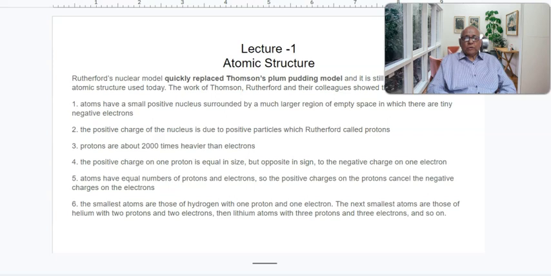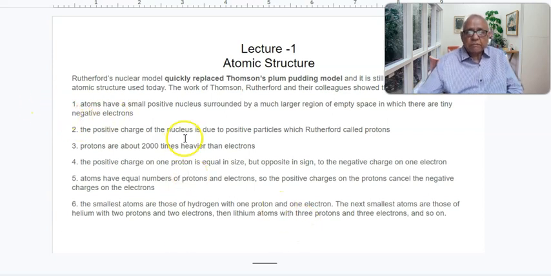The Rutherford nuclear atom model quickly replaced, as I said, the plum pudding model. The work of Thomson, Rutherford and his colleagues is the following, which I have to show you one by one.